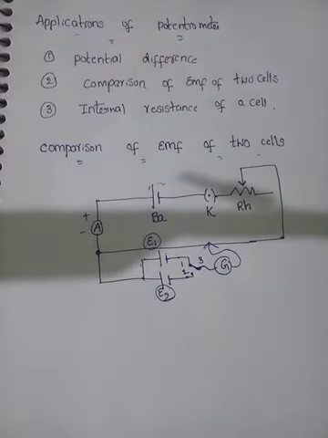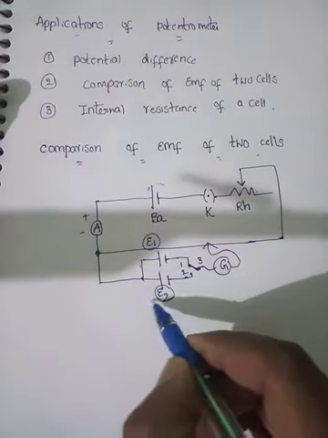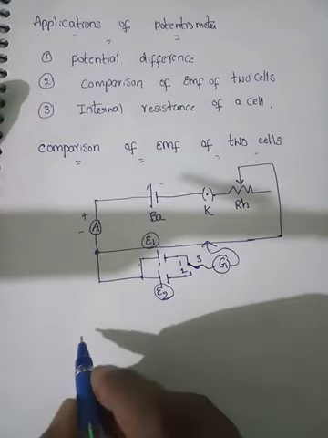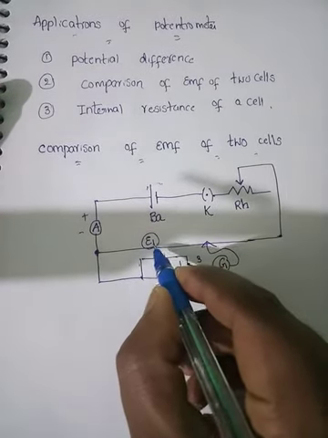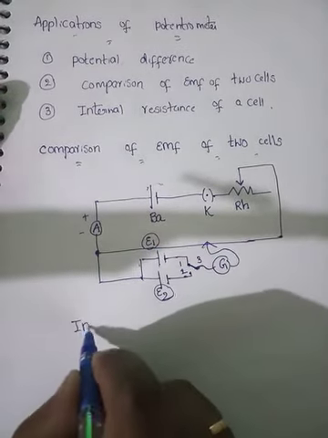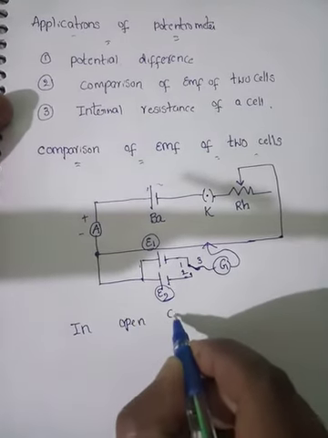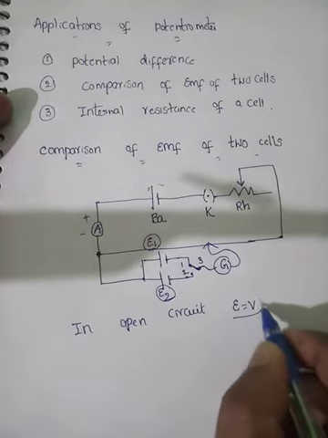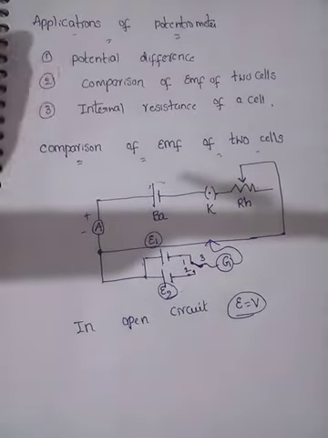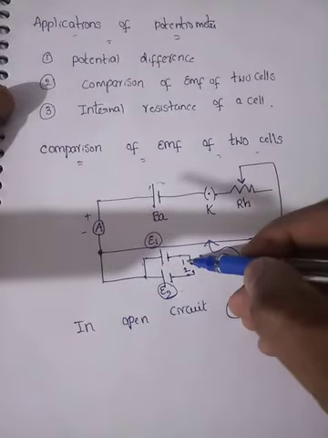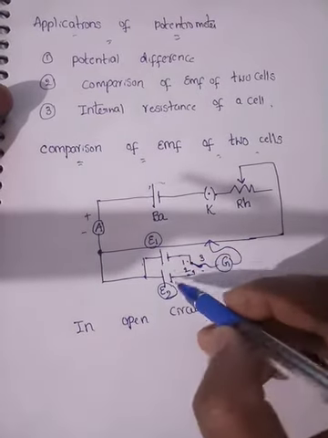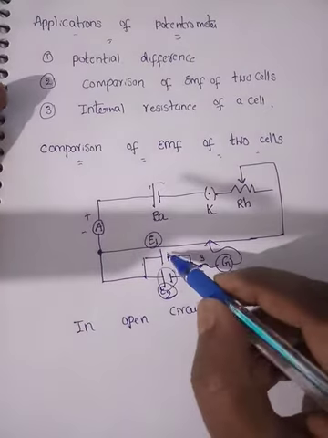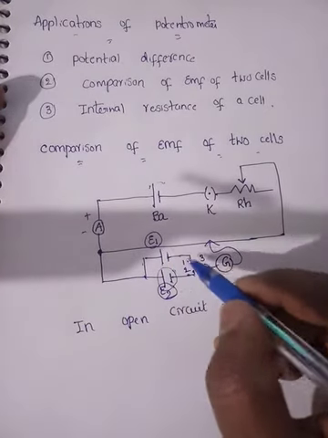Since no external resistance is connected, this is an open circuit. In an open circuit, as we know, EMF is equal to the terminal potential difference. Now the first terminal is connected to T, so the second is not in contact, not connected, so E1 is connected.